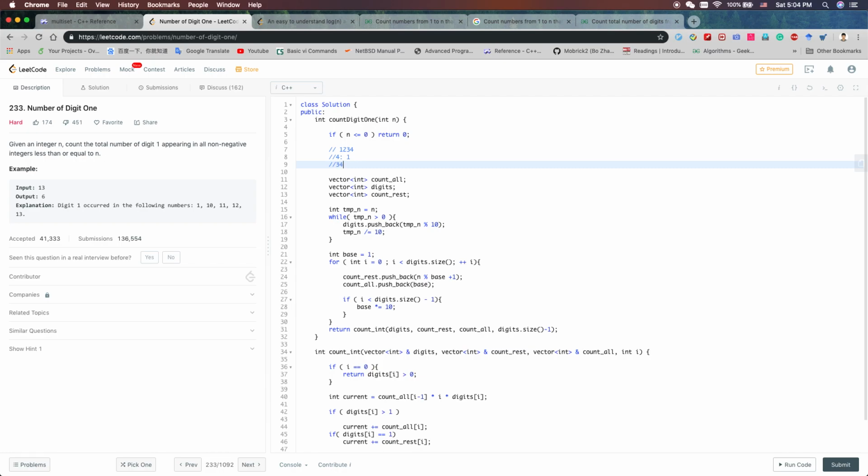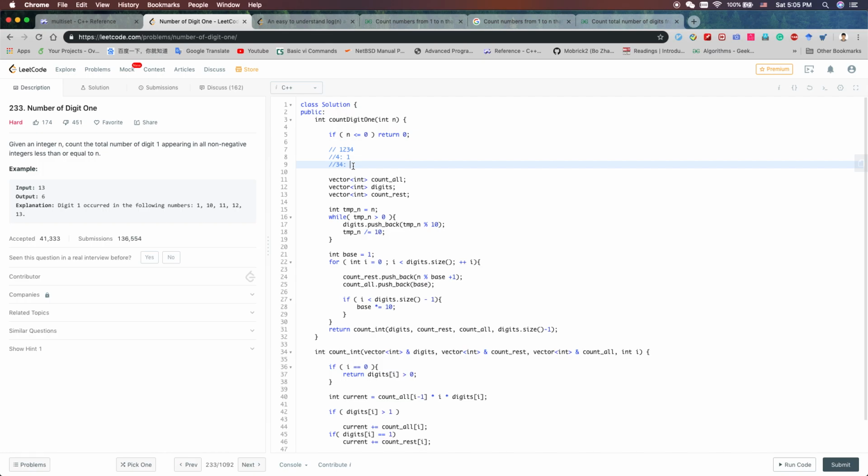And then we look at 34. For 34, you can count the total number that contains 1 in two steps. The first step is you only look at the first base, which is 4.